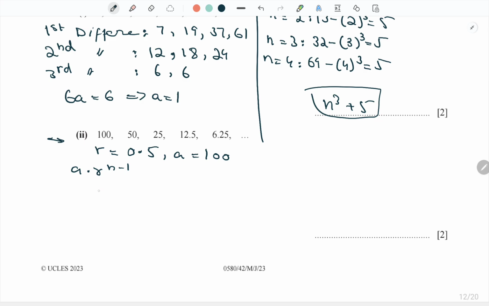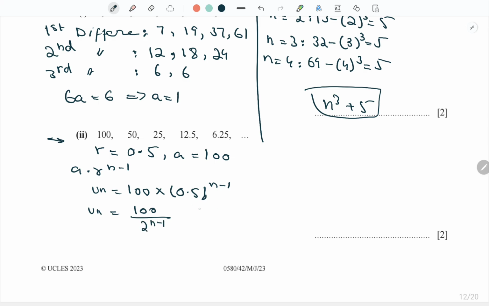Now a is 100 and r is 0.5, so un equals 100 times 0.5 to the n minus 1. Or we can write 1 over 2 to the n minus 1.